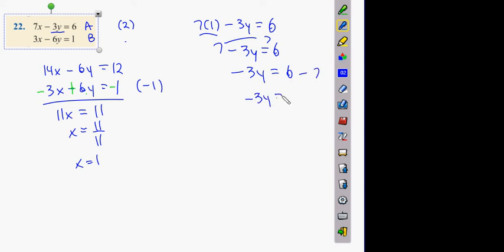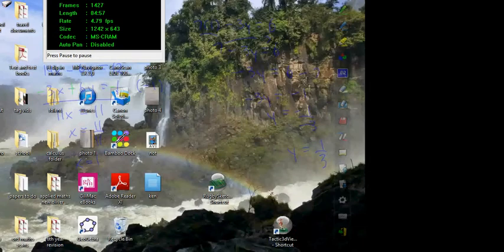Minus 3y equals minus 1. What's y equal to? Y equals minus 1 over minus 3. Y equals a third. Okay guys, so listen, that's as hard as they get. You guys are well able for them. No bother there.